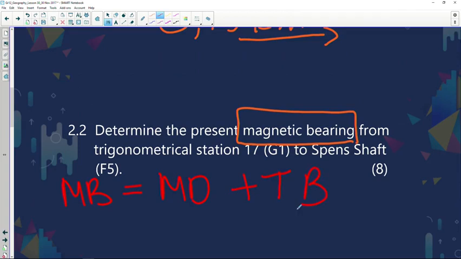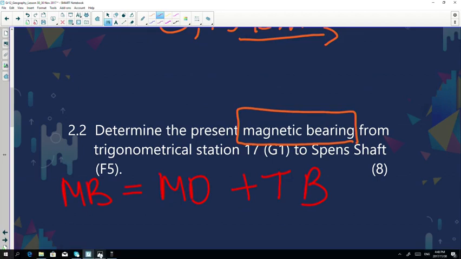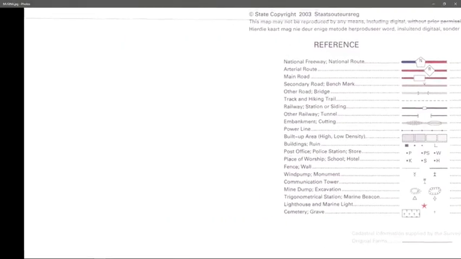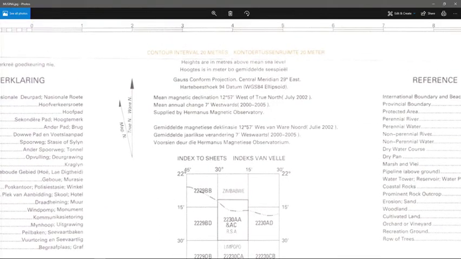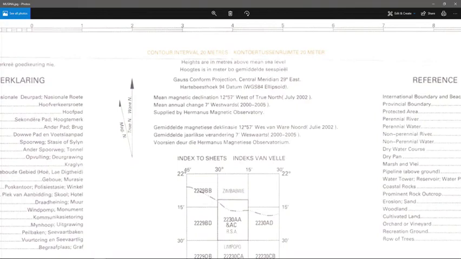Now, first of all, let's go and calculate our magnetic declination for the map of Messina. And where do we find this information? On a topographical map. And as you can see, the mean magnetic declination was 12 degrees, 57 minutes, 2002. Every single year has changed 7 minutes west.